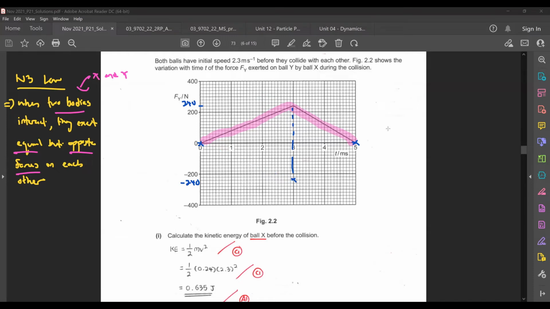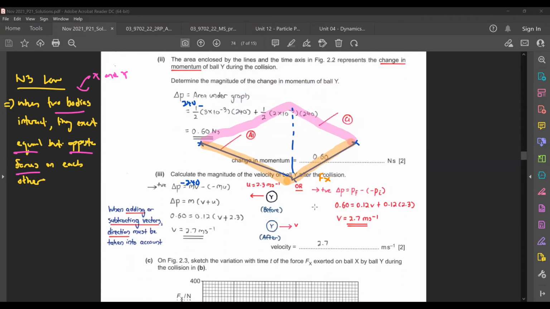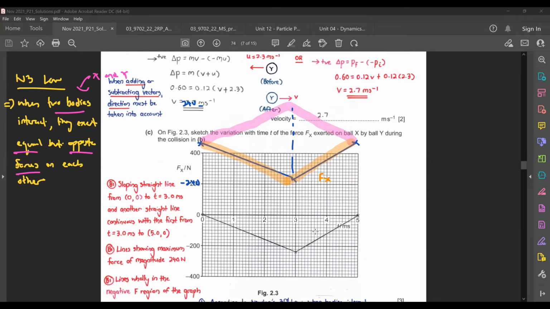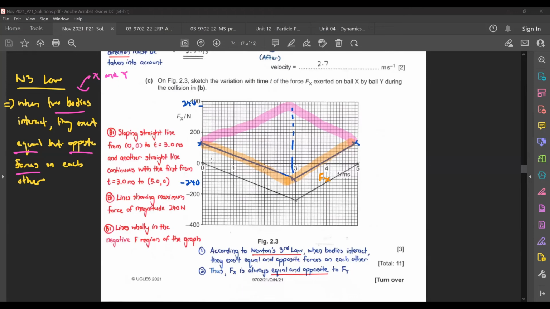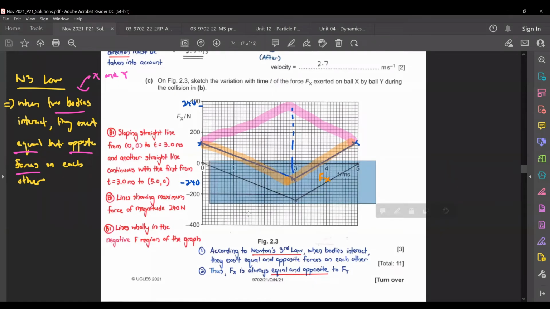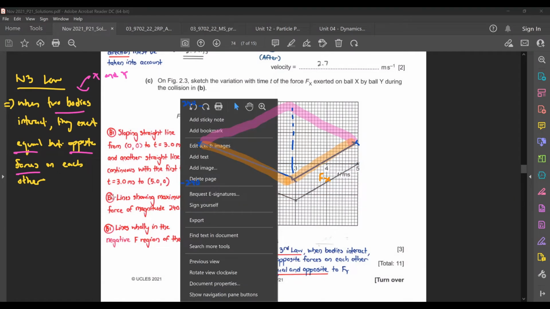Your resulting line would be this one over here, and then this one over here. This is supposed to be your Fx graph, just to show that they are equal and opposite to each other. So you just translate that same graph over to the other end, and you should be getting this graph here. Just make sure you translate it to the correct values.